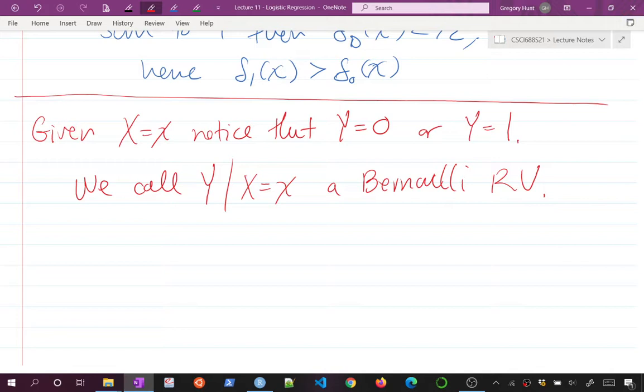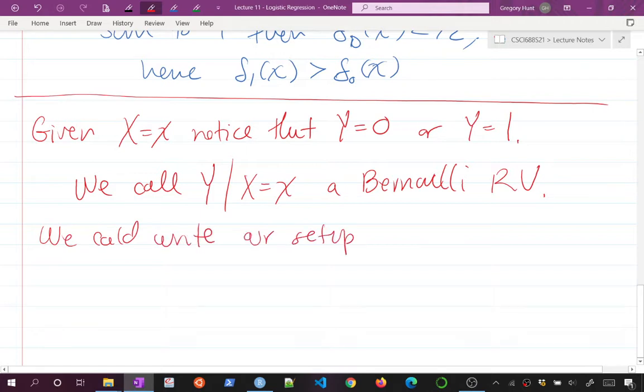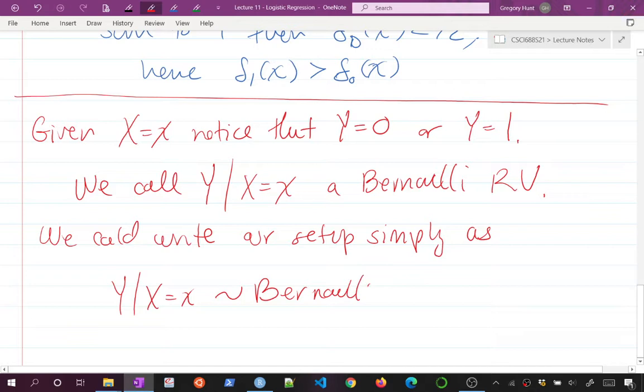And so we could write our setup simply as y given x distributed Bernoulli, and then the parameter of Bernoulli is the probability that I observe a 1.